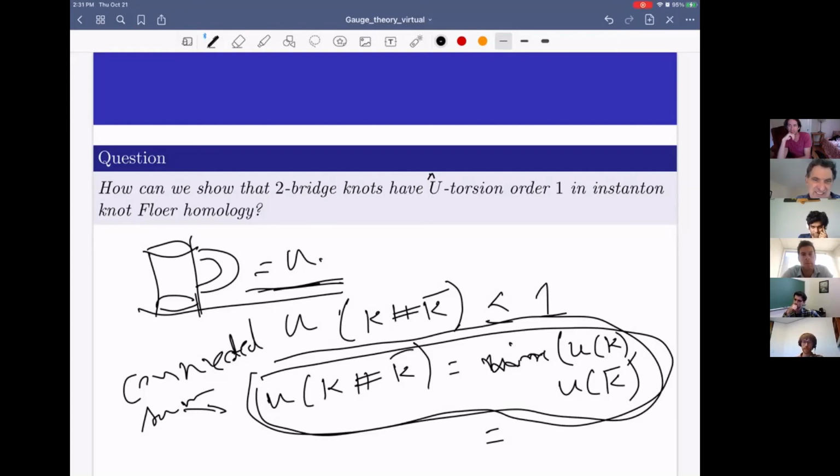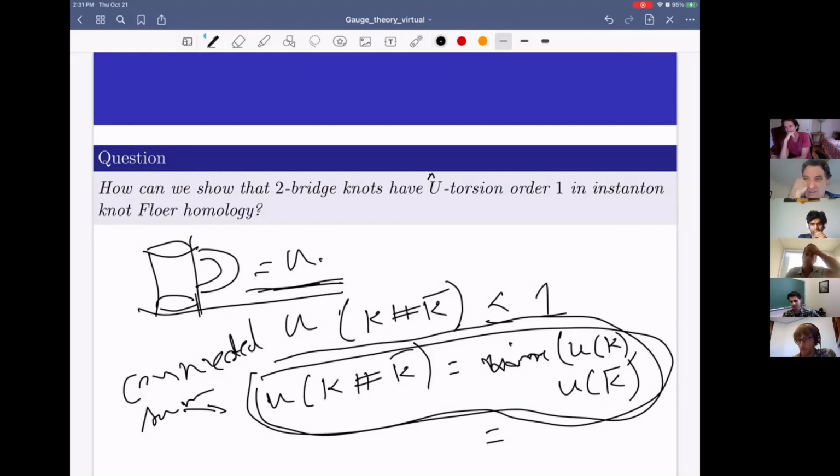But you can definitely have non-trivial A infinity bimodule structures over F adjoin U. We have some scheme to show that the bimodule structure is formal as well, but we haven't written any details down. Okay, thanks.